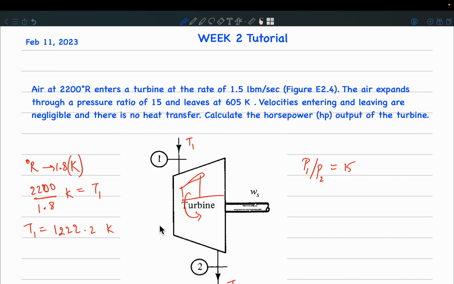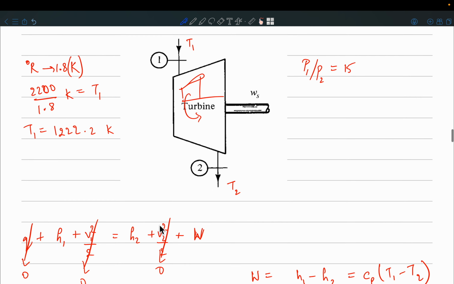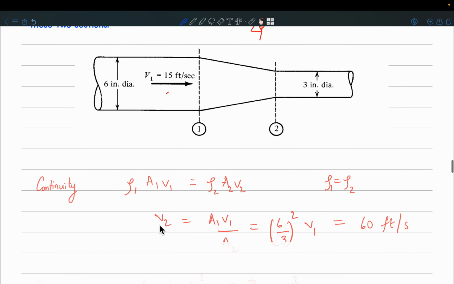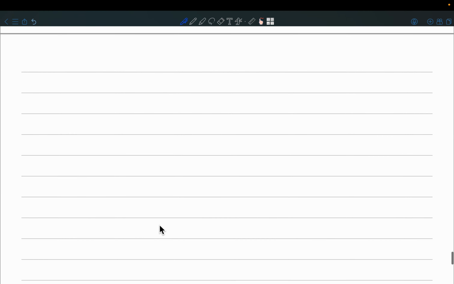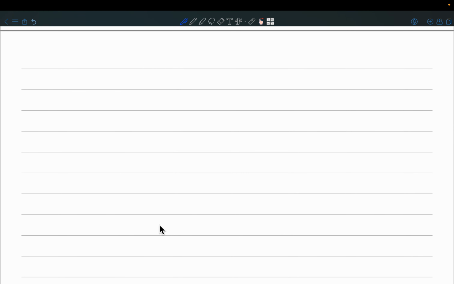Area Mach relation. So you want me to derive them? Yeah, there's a huge formula.